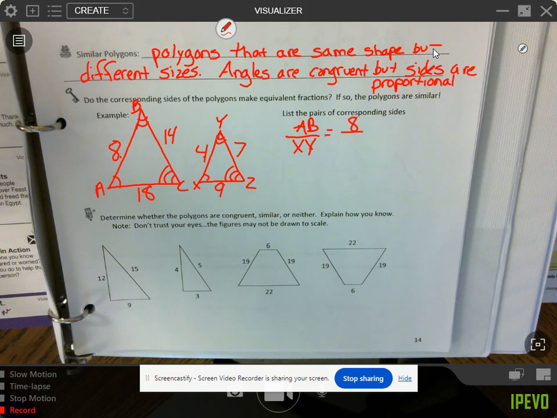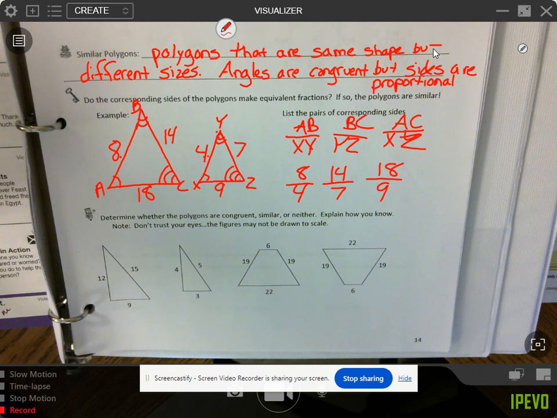AB is 8, XY is 4. You know what, let me put the numbers down below. So AB over XY is 8 over 4. BC over YZ is 14 over 7. And then we have AC over XZ would be 18 over 9.